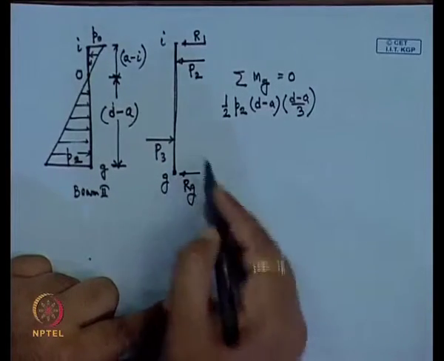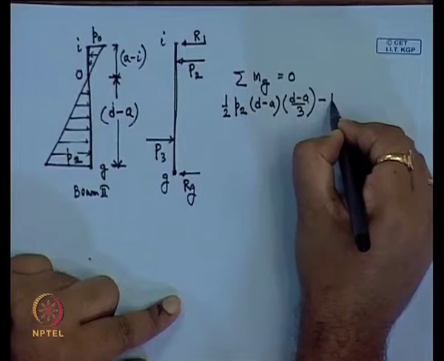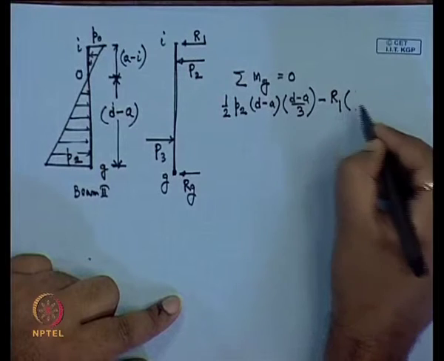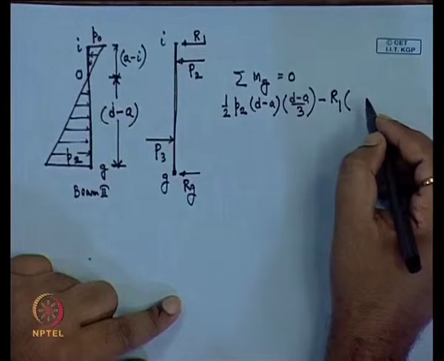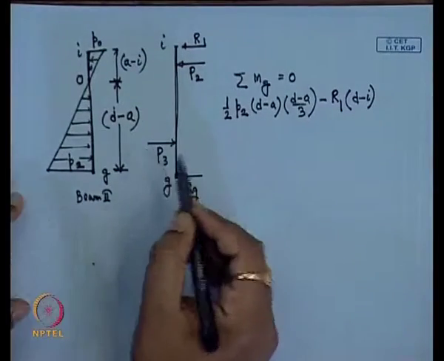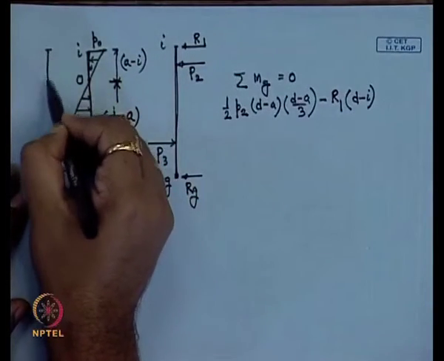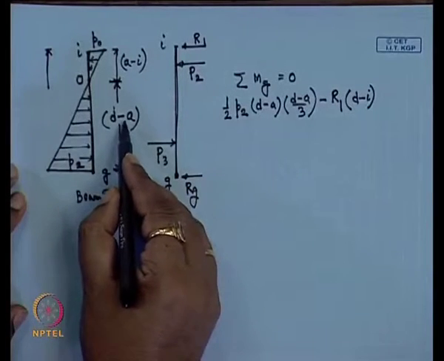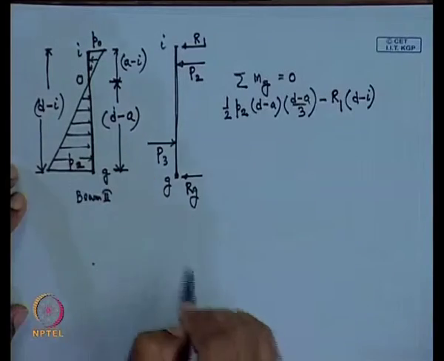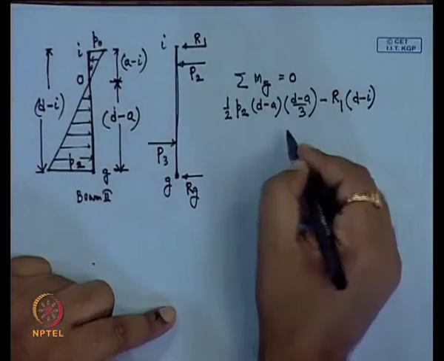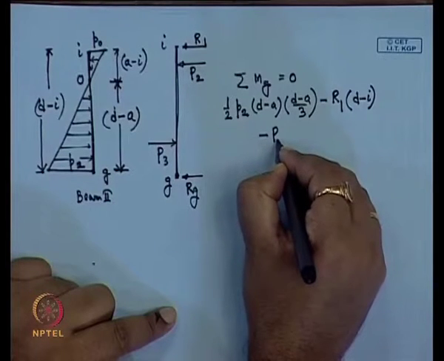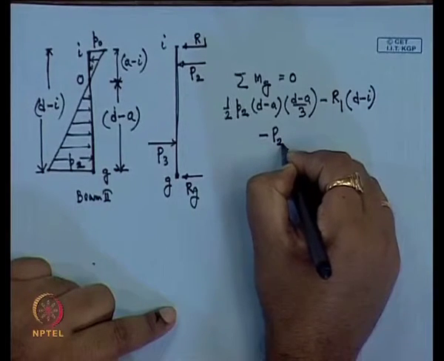So, that is equal to minus R 1 into D minus I, because the total for the beam 2 is D minus I. Okay, so, this is D minus I, then minus P 2 is the force.